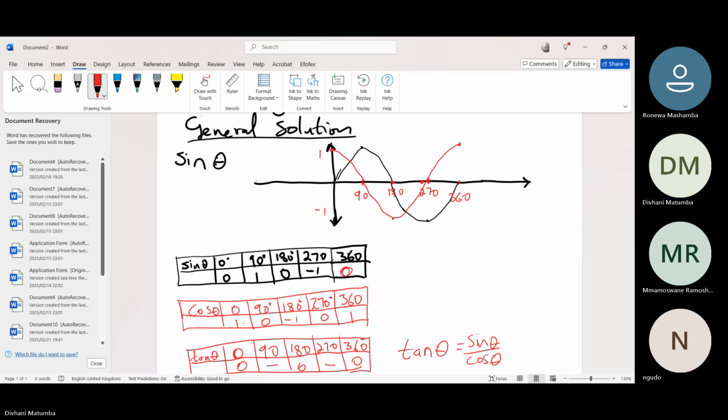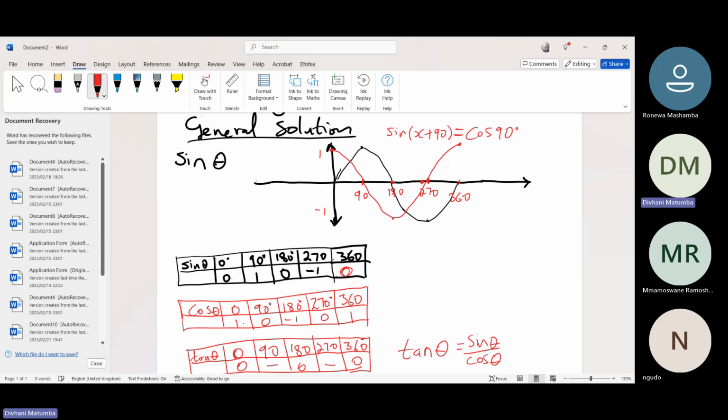So I just want you guys to realize what we were doing. Do you still remember that x will give us the cos of 90?